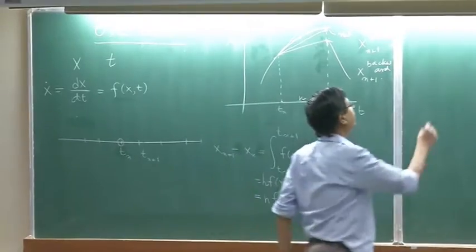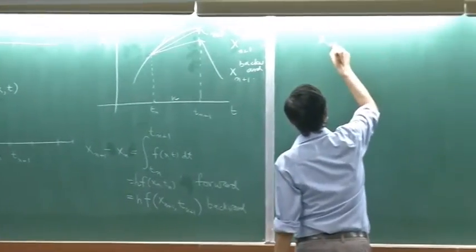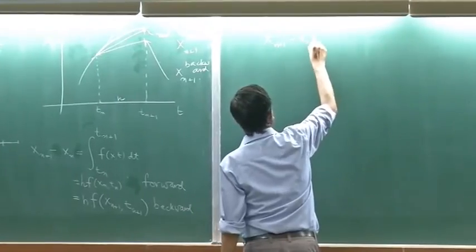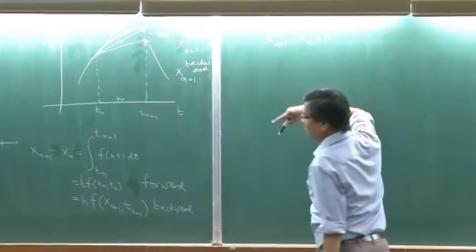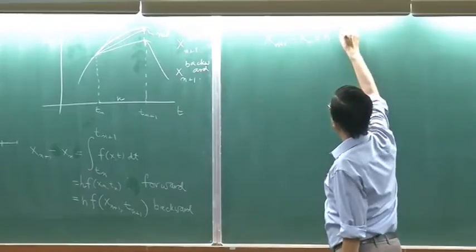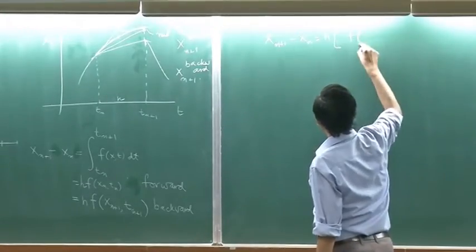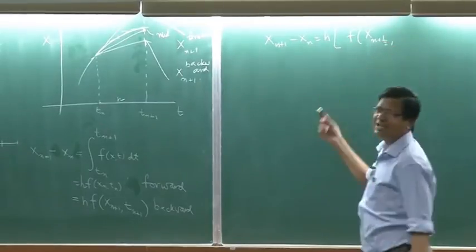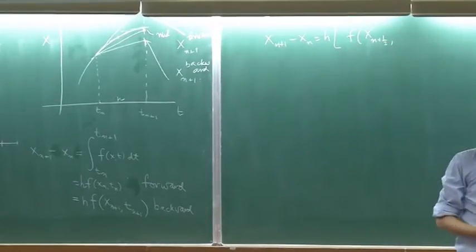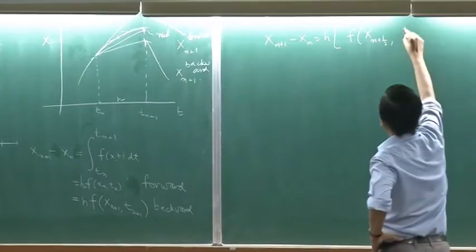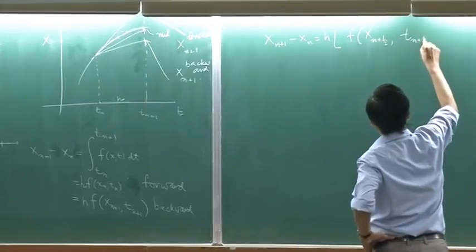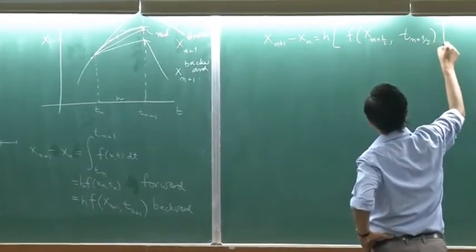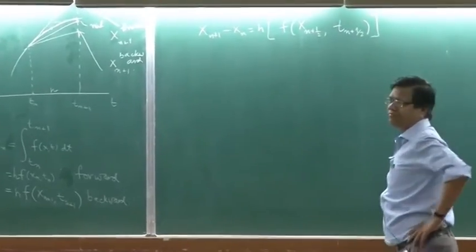Or you could have x_{n+1} minus x_n equal to h times the midpoint, so f of x at n plus half, t at n plus half. Here n is my time index. So this is the midpoint scheme.